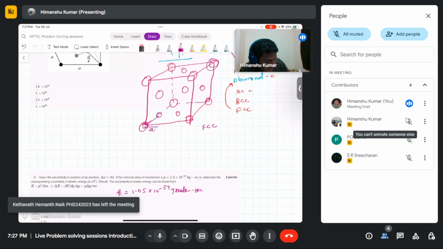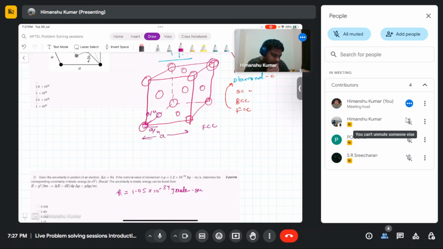with XYZ spacing of a/4, a/4, a/4, where a is the side length of your cubic FCC lattice structure.